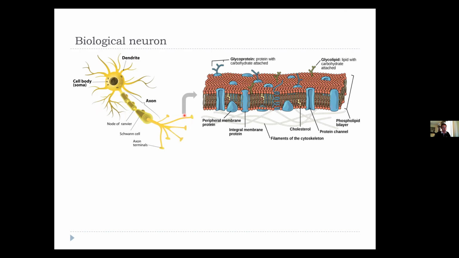Now, if we look closely at the membrane here, we will see the usual double layer, but also a number of proteins called ion channels in it, and then some structural skeleton that keeps the cell rigid.